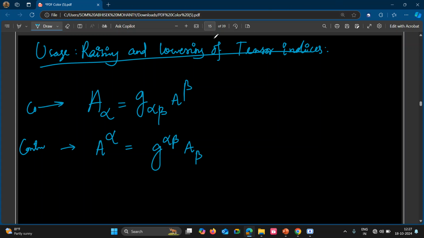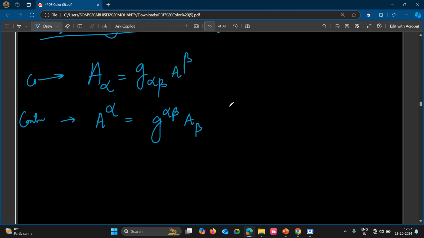Suppose I write another kind of tensor, T mu nu. How will I write this one? Very carefully: g mu alpha, g nu beta, and T alpha beta.